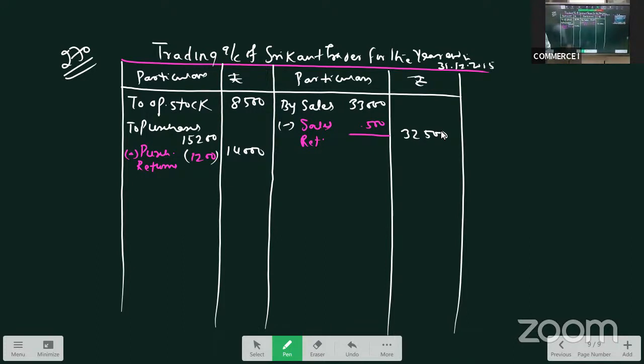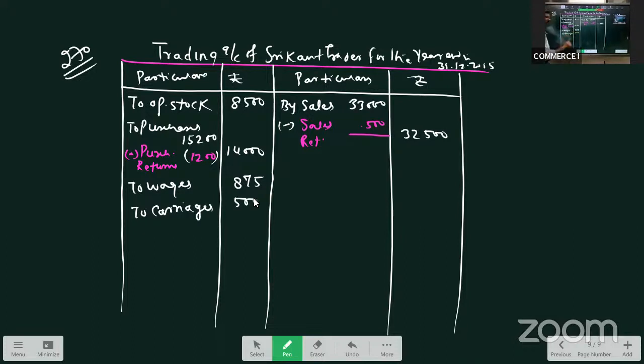Then wages. Next item is what? Wages. Wages are debited to trading account. That is 875. Then carriage. I told you all these items. Wages, carriage, duties, all are debited. So carriage, 500 rupees.